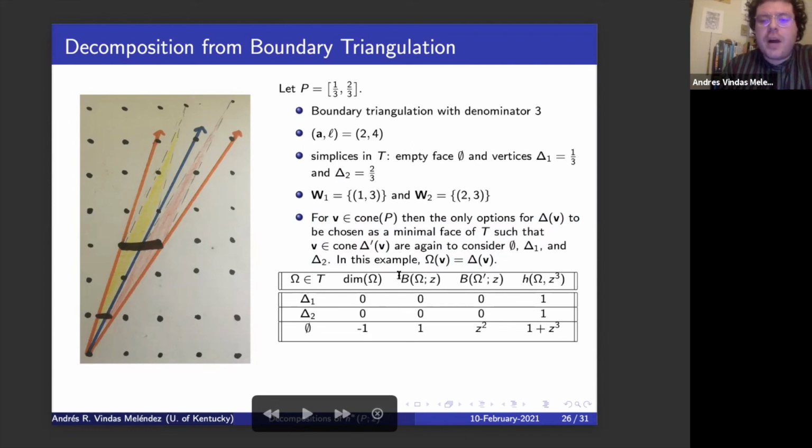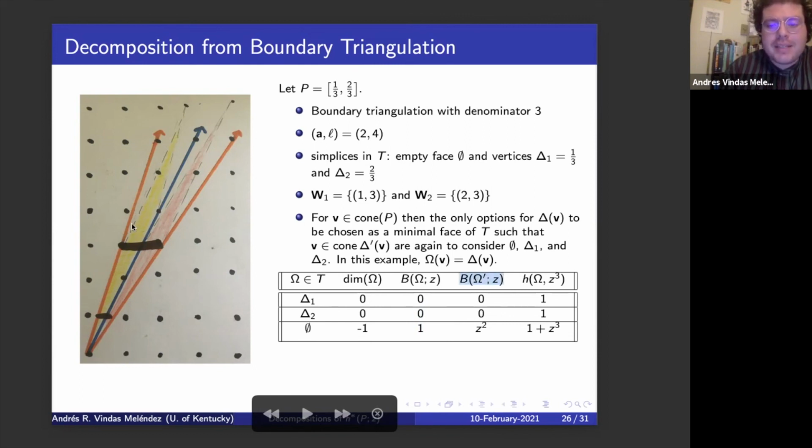Now let's look at the box polynomials of these things. And so again, the box polynomial from here to here contains no integer points, right, in my first one. Also the same here, right? And for my empty face, I just have the origin. That's one. Now I have this box polynomial of omega prime.